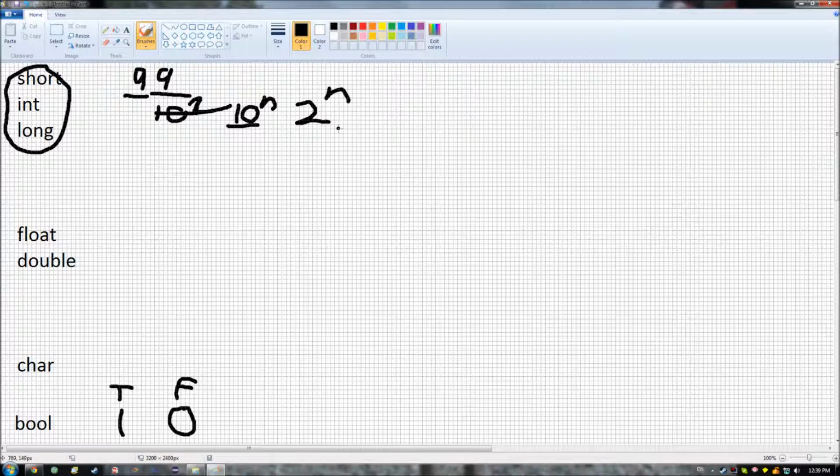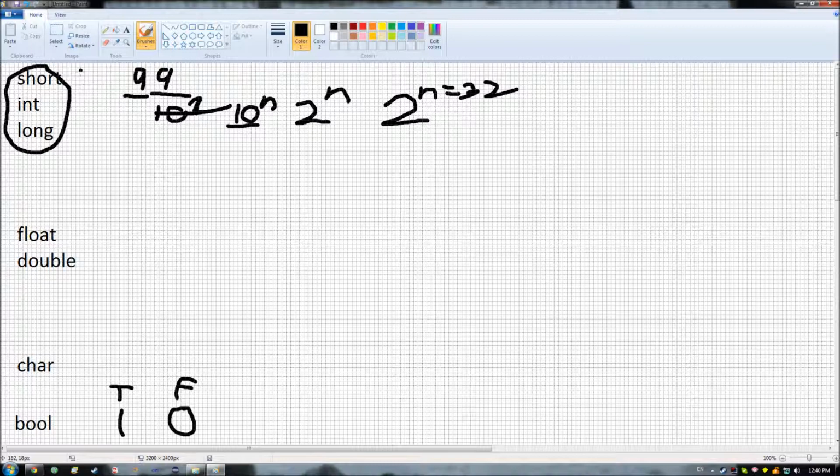So if I say something is 32 bits long, that means that the maximum number of numbers that piece of memory can store is 2 to the n, where in this case, since it's 32 bits, n is equal to 32.